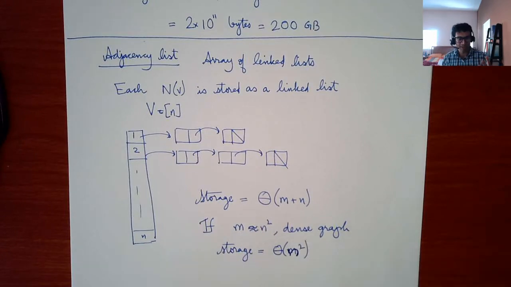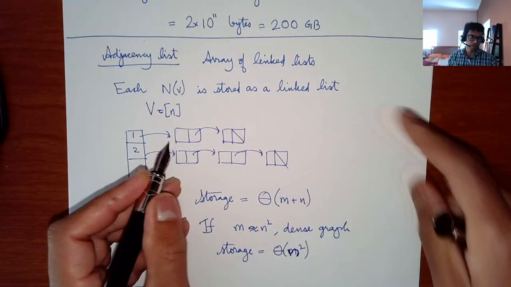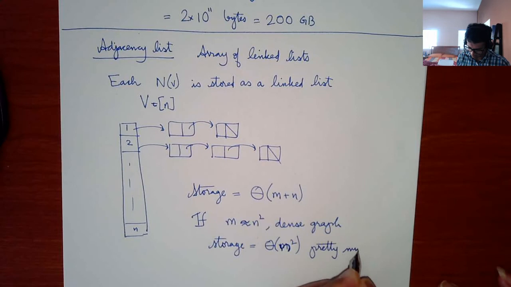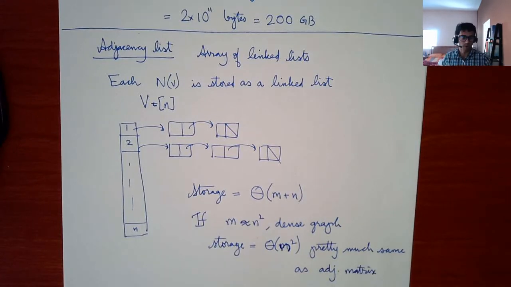Because if m is like n squared, then each of these is like a huge long list, which is pretty much the same as an adjacency matrix. Meaning if your graph is dense, then an adjacency matrix is what you should use.